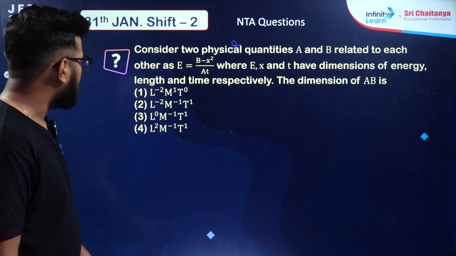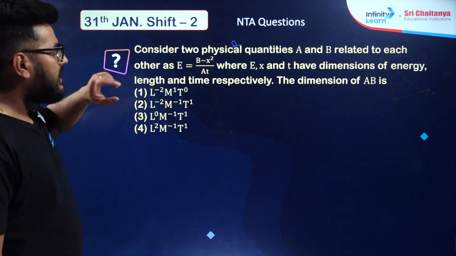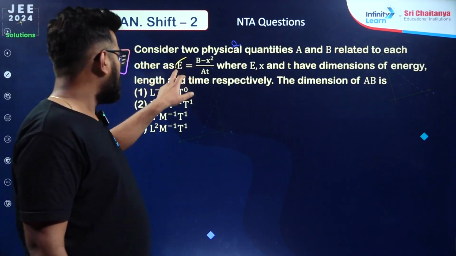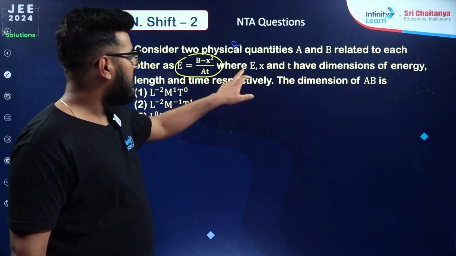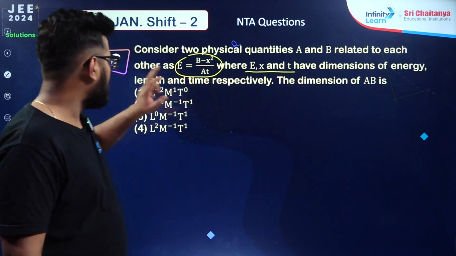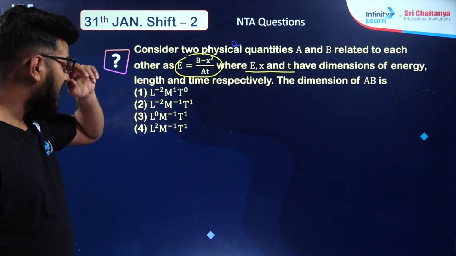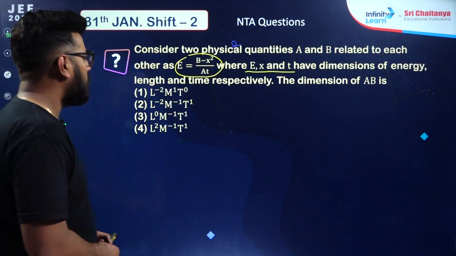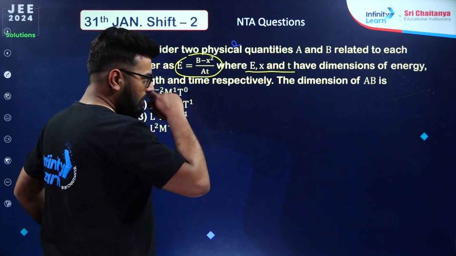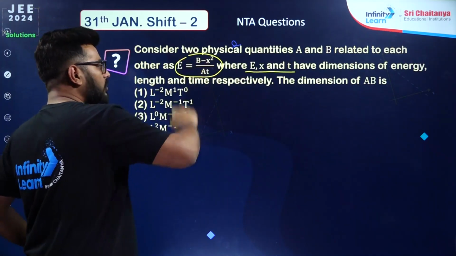Consider two physical quantities A and B related to each other as E = B minus x squared over A t, where E, x and t have dimensions of energy, length and time. The dimensions of AB is asked. These types of questions have been asked in the exam. So the dimension of B will be that of L squared.